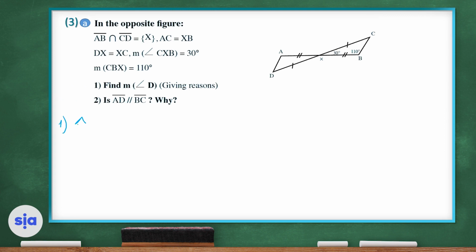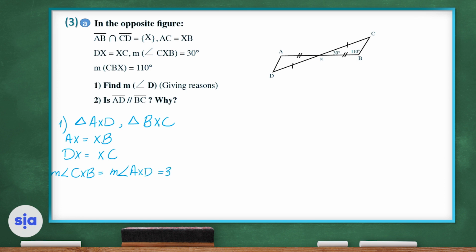In triangles AXD and BXC, you will see that AX is equal to XB and DX is equal to XC, where the measure of angle CXB is equal to the measure of angle AXD.